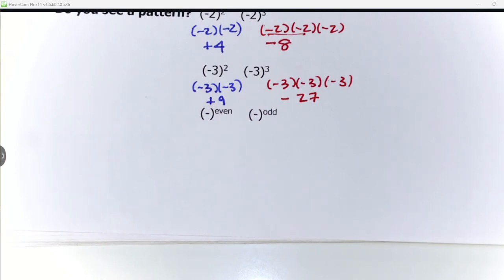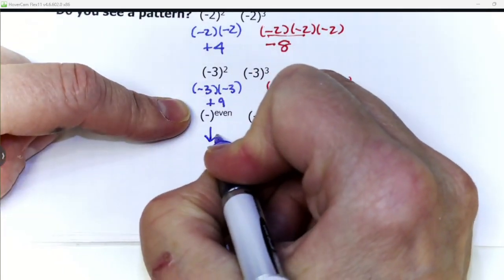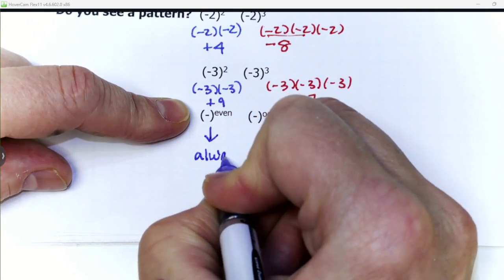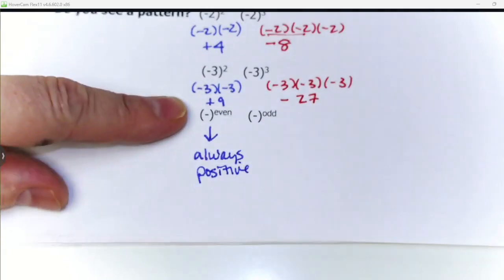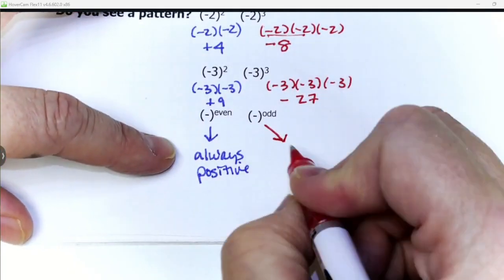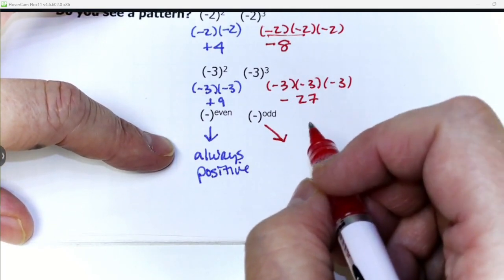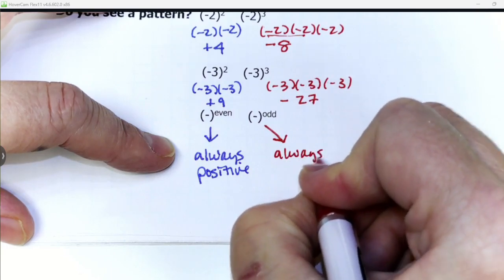That's a pattern. The pattern is if you take a negative number to an even power of any kind, the answer is always positive. If you take a negative number to an odd power, no matter what it is, 1, 3, 5, 7, 9, 101, it's going to be always negative.